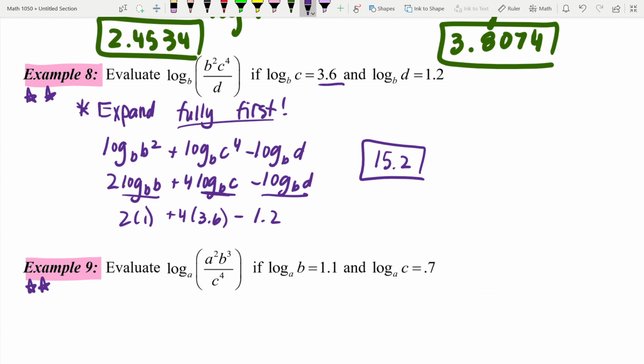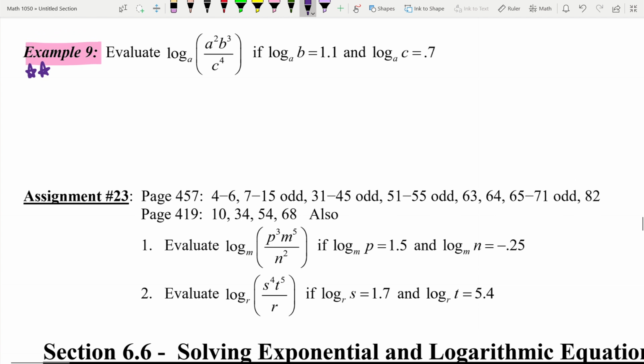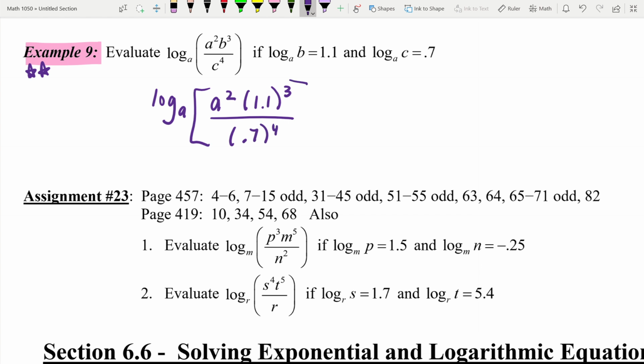Who says, yeah, I think that feels so easy? Okay, I want you to watch me do this wrong. Okay, everyone just sit back. Okay. Log base A of A to the second times B to the third over C to the fourth, close that off.